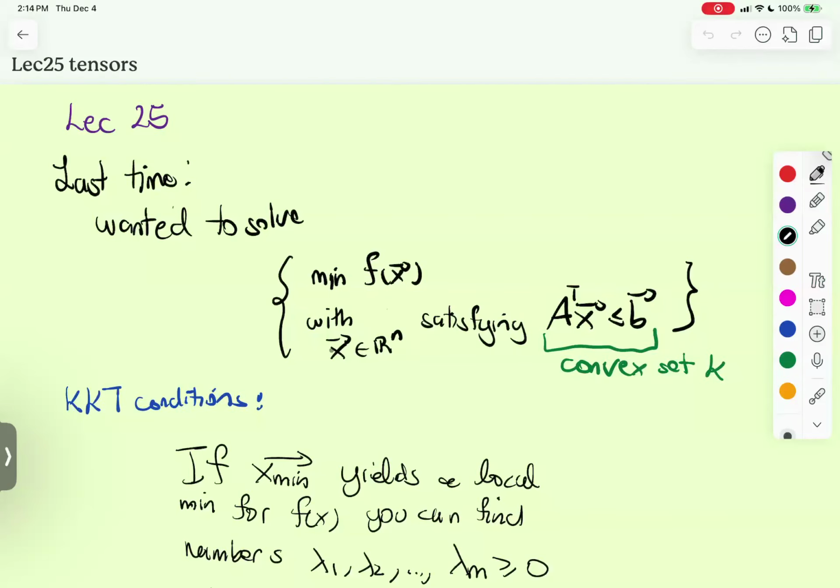The non-negative case is a special case of that inequality. This is similar to the type of problems you do in linear programming, if you take that class.